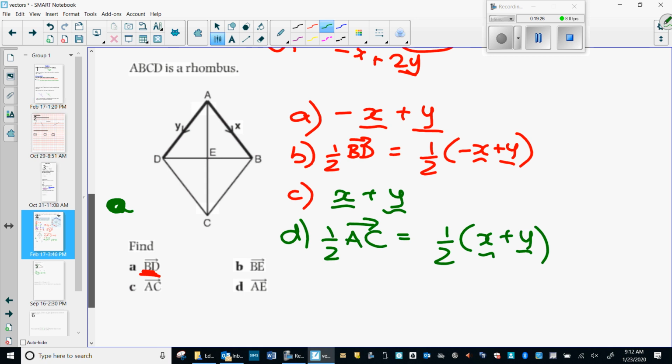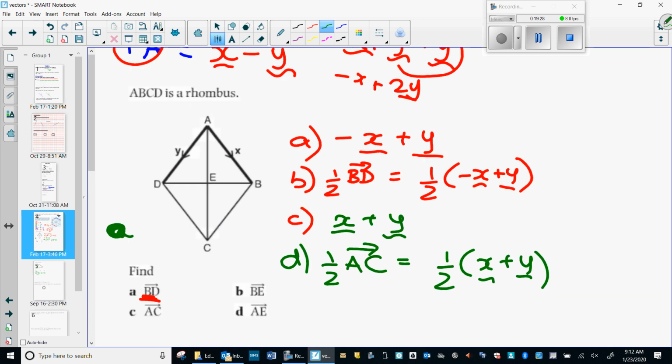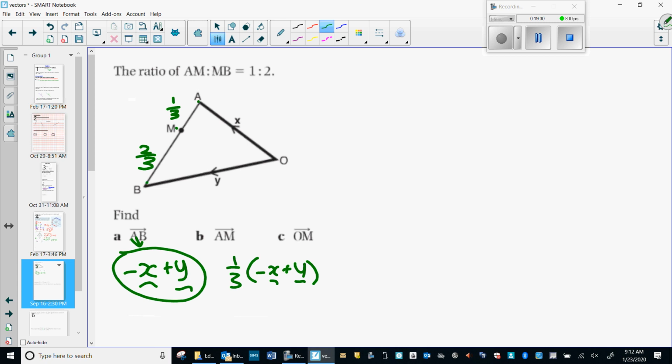Same kind of principle. So we've just worked out from here to here, and so from here to here it's 1/3 of that. Oh, I'm looking at the wrong thing. Okay. So A to M, so that's 1/3 of A to B. Does that help?